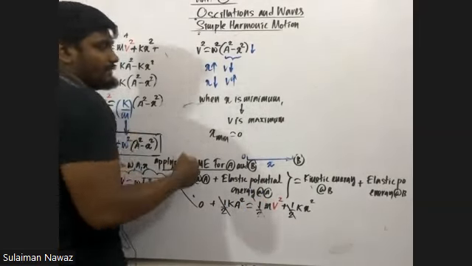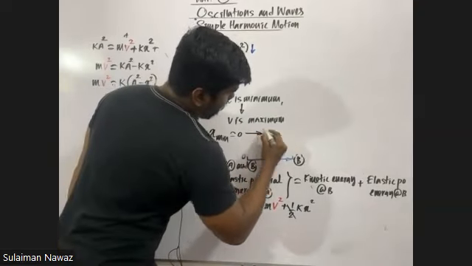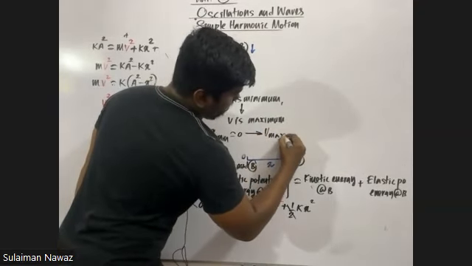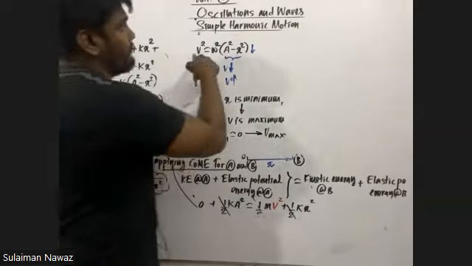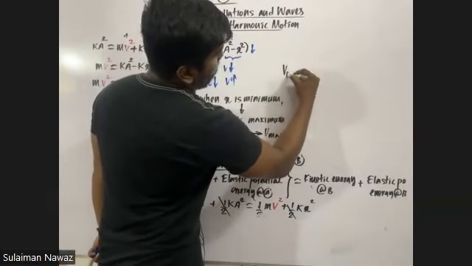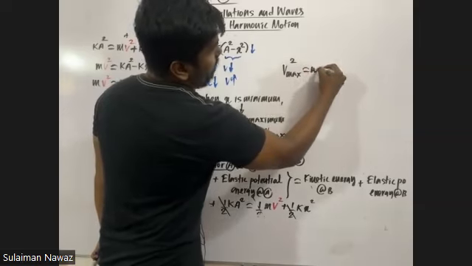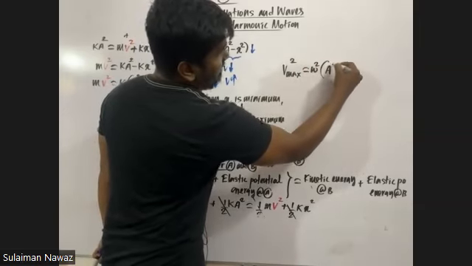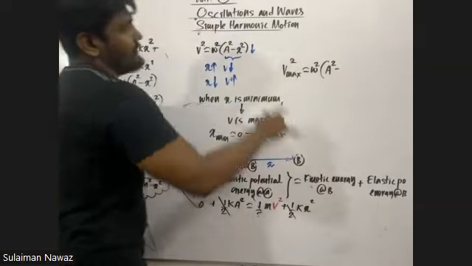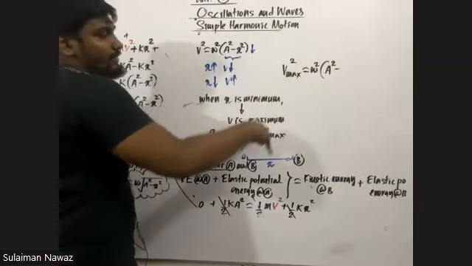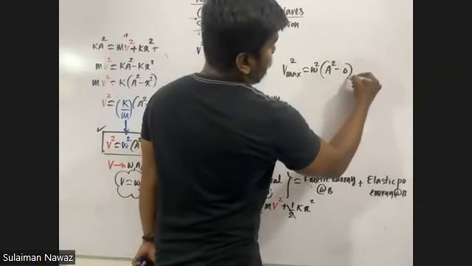Then what is your Vmax? You can find your Vmax by how? Vmax squared equals omega squared (A squared minus 0), now that x is minimum, 0.